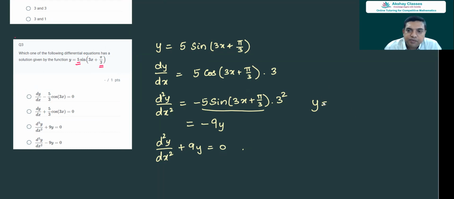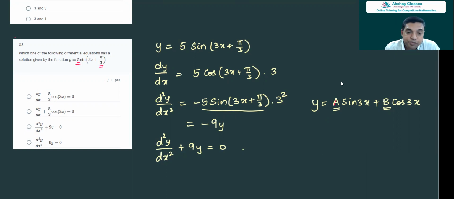In other words, we could write this as y is equal to a sine 3x plus b cos 3x. Okay, this is when you expand. So again, there are two constants here, a and b.